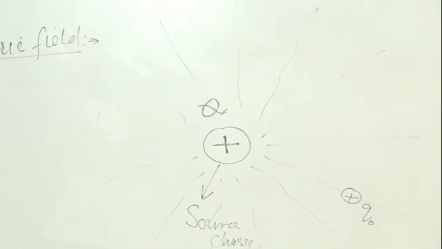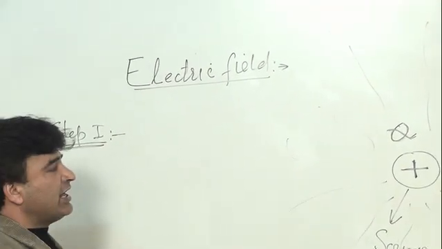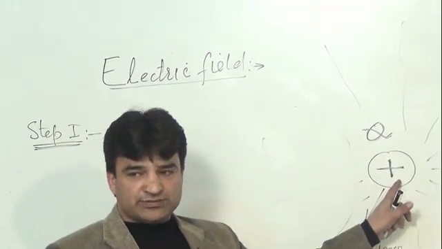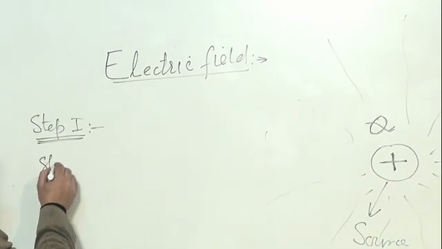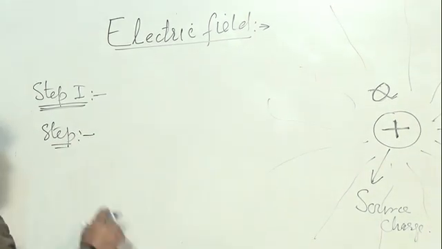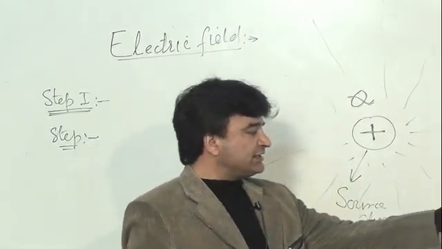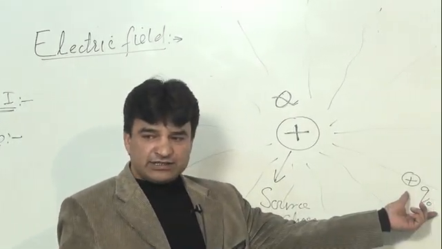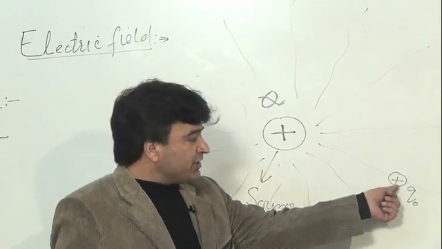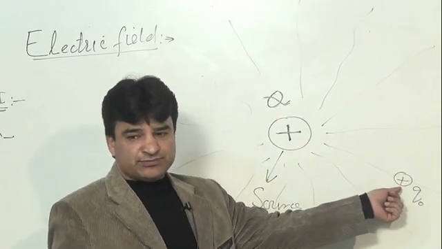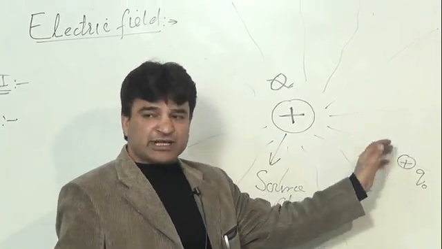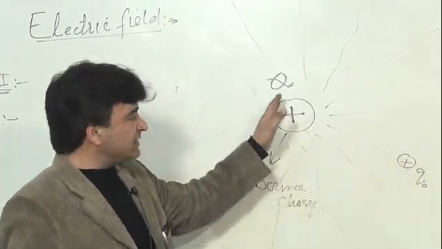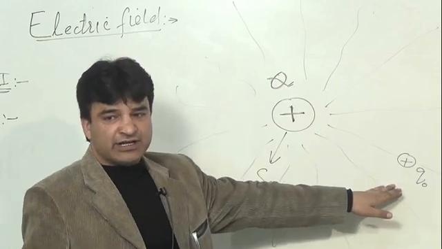That means step first is creation of the electric field by the source charge. In the second step, when you place any other charge in it, it will experience the force. The Q0 charge will experience the force when placed in that electric field.